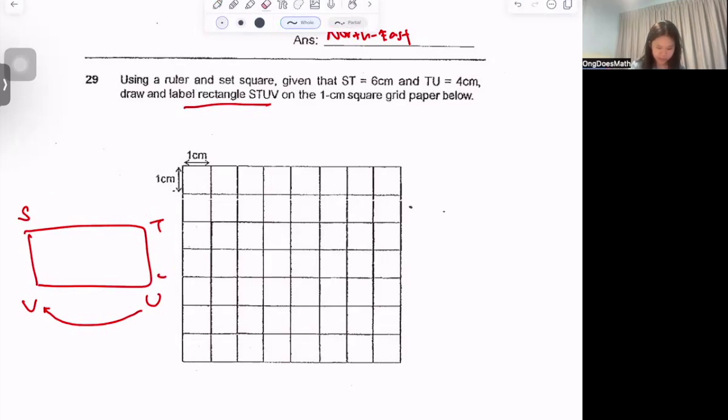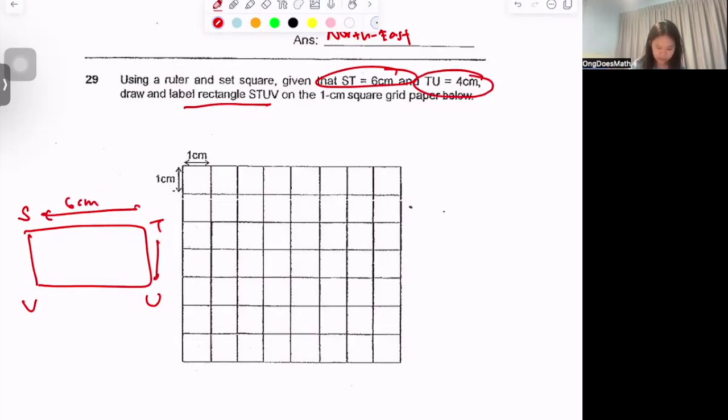So we are given that ST is supposed to be 6 cm. And TU is supposed to be 4 cm. So now let's draw this on the square grid paper. So 6 cm here, 1, 2, 3, 4, 5, 6. Please use a ruler.